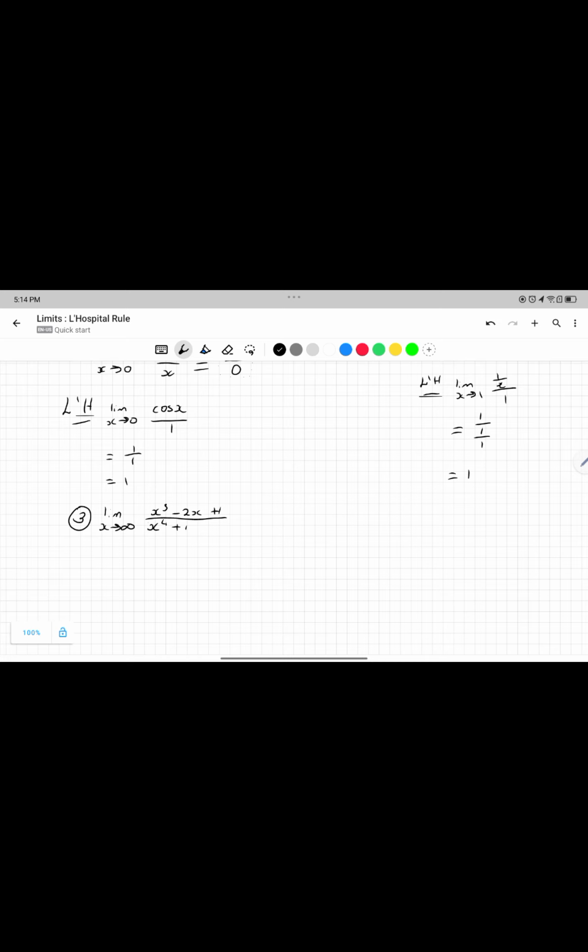Now if you evaluate this, what we get is infinity cubed minus 2 infinity. Our first indeterminate. Since we have a large infinity subtracted by a smaller infinity, the answer should be infinity over infinity, which is an indeterminate.